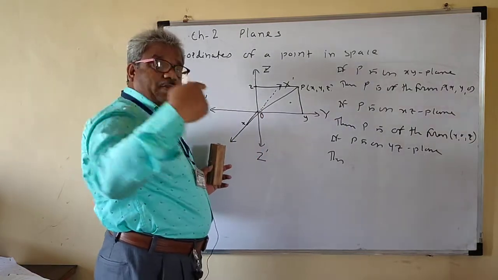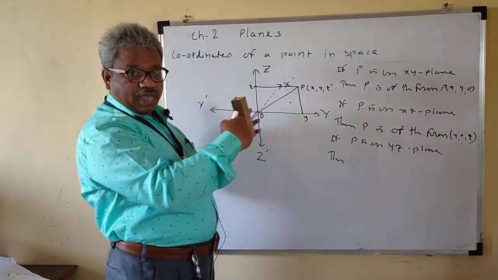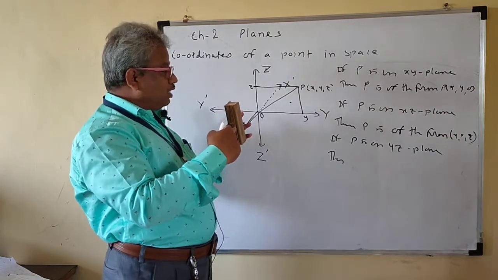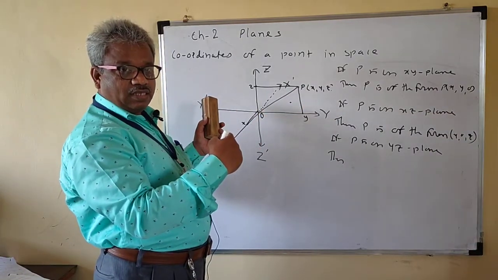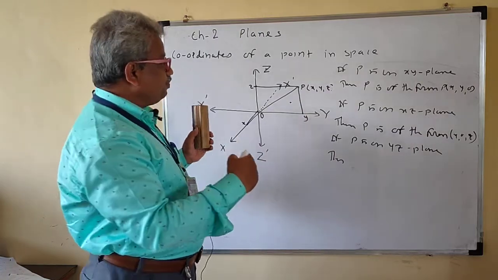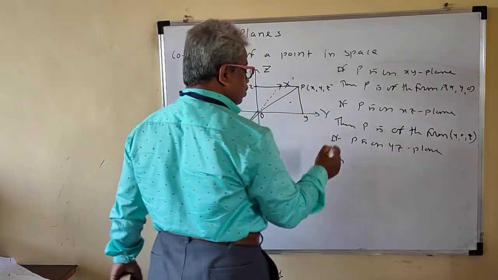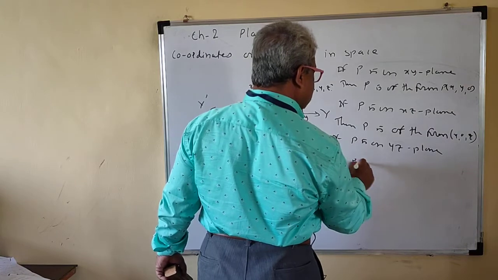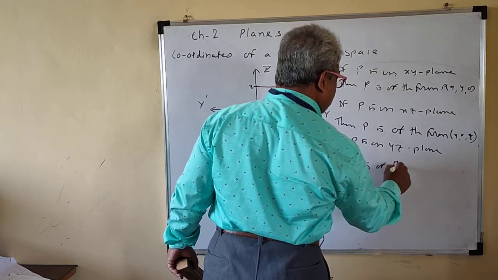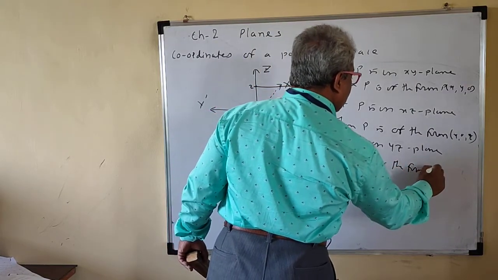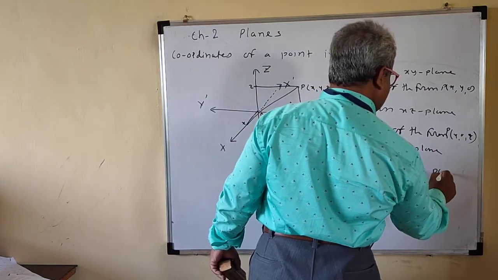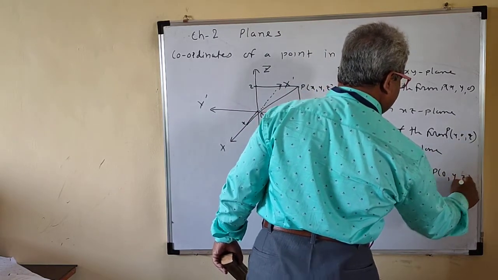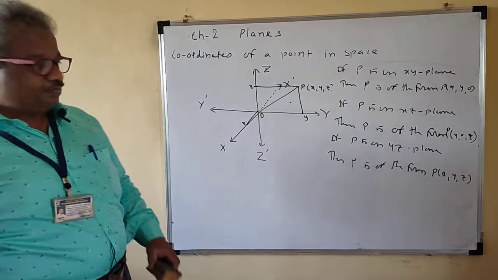The x axis is perpendicular to the yz plane. So if you draw a perpendicular to the x axis, it is a 0. Then p is of the form (0, y, z). That means its x coordinate is 0.